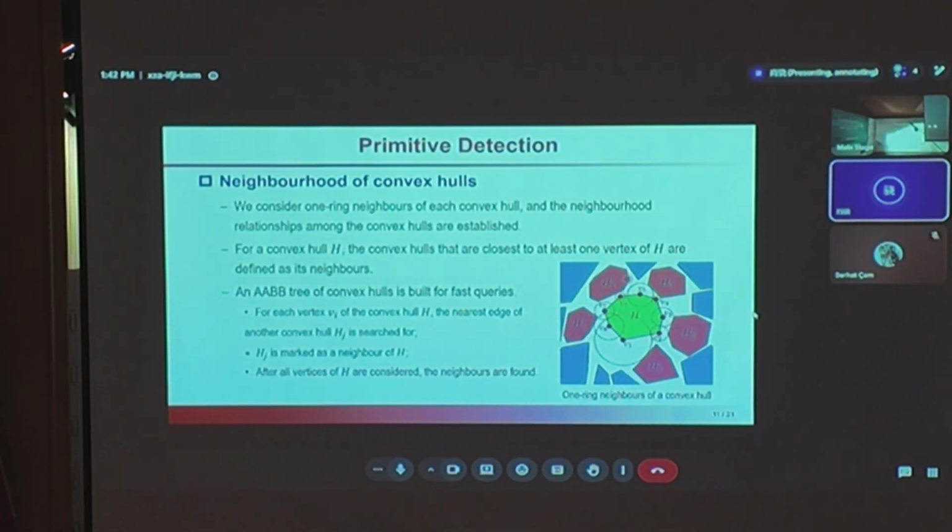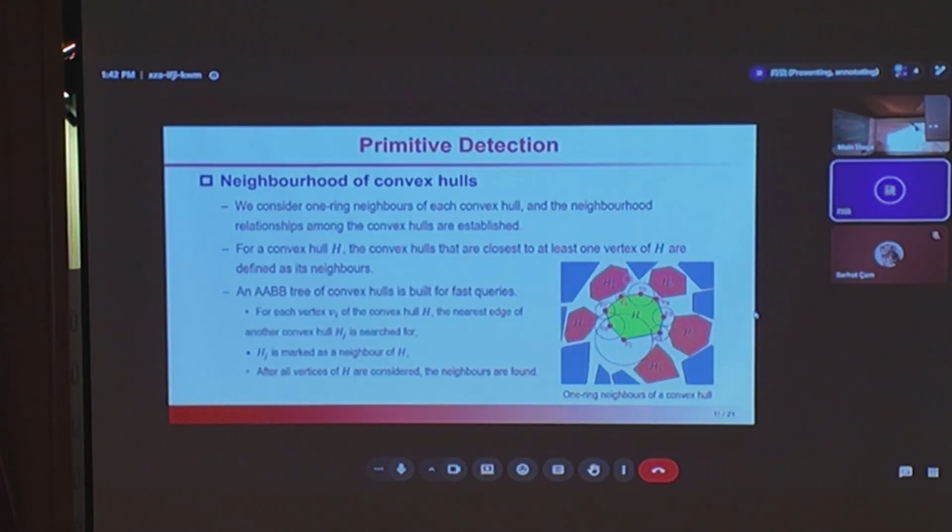And we get the convex hull, the discrete convex hull. We start the primitive extraction based on this convex hull.